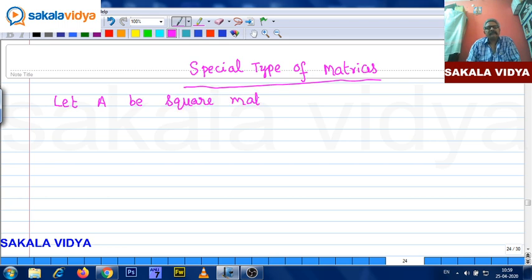Square matrix. Okay, it may be any order n by n.